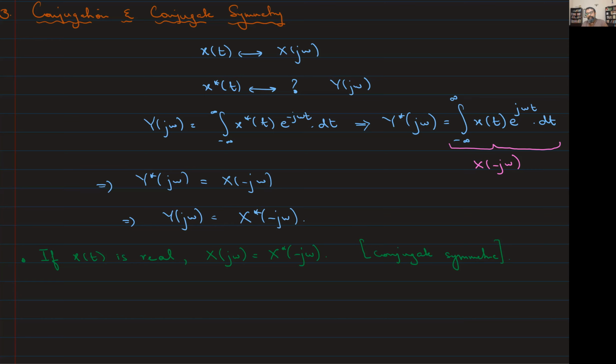Now I claim that if x of t is real, then I only need to specify the Fourier transform for positive frequency. In other words, if I specify the Fourier transform only for positive frequencies, that is a complete characterization of the Fourier transform. I don't really need to bother about the negative frequencies representation or depiction.